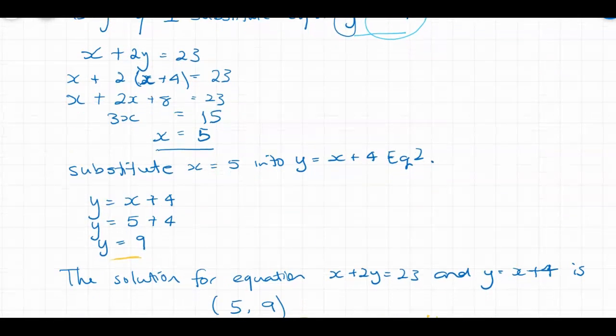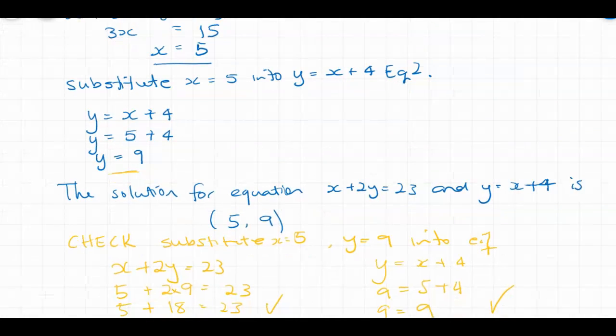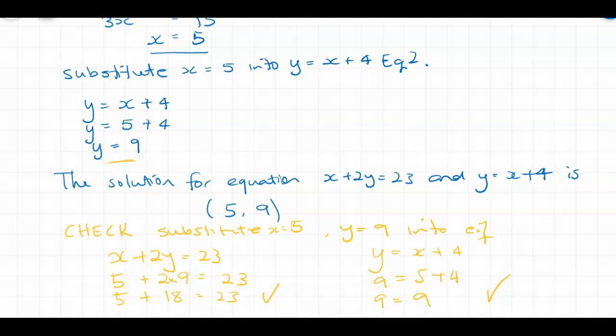Then, when we found that x was equal to 5, we put it into the other equation and solved for y. So we found x, then we solved for y, and that gives us our x and y, the simultaneous coordinates of 5 and 9. We put those in and check them.